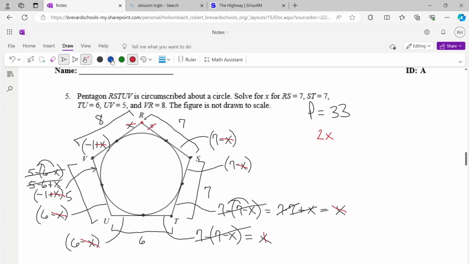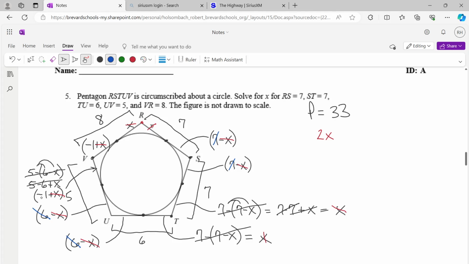Now we're going to go around again. We're going to do the same thing with the whole numbers. So I've got a 7 here, plus a 7 is 14. Plus this 6. 14 plus 6 is 20. Plus this 6, which is 26.